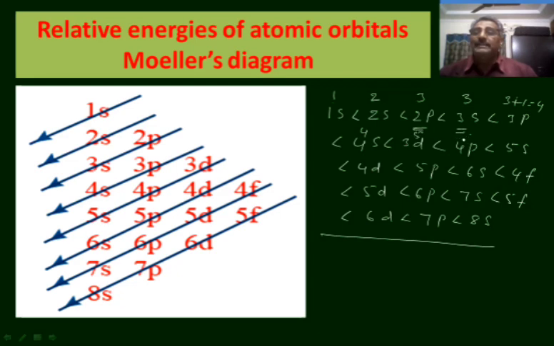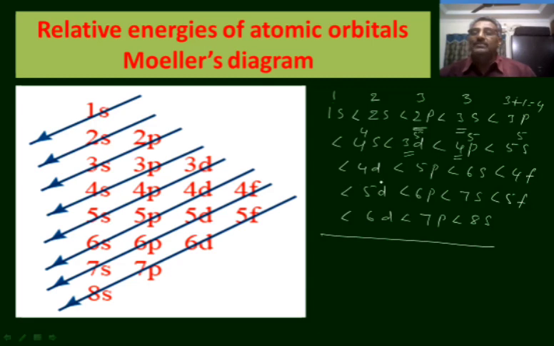For 3d orbital, the n plus l value is 3 plus 2, that is 5. For 4p, the n plus l value is 4 plus 1, that is also 5. Again, n plus l values are the same, but 3d has a lower principal quantum number than 4p, so 3d has a lower energy than 4p. Among 4p and 5s, again the n plus l value is 5 and the same principle applies.